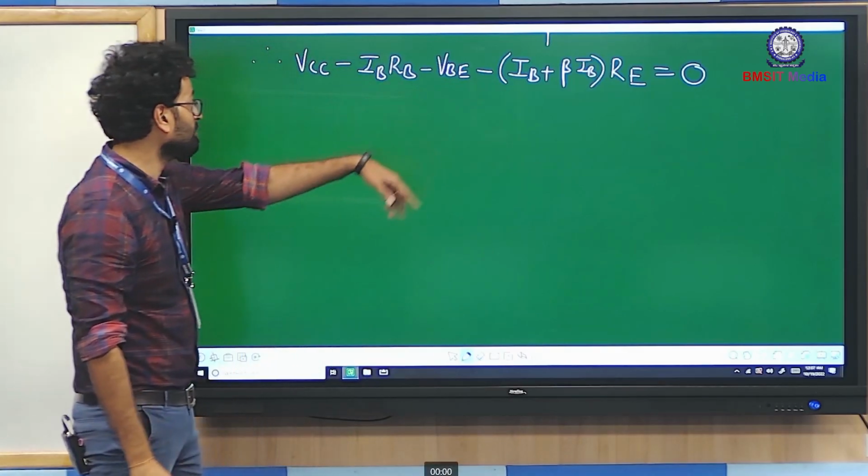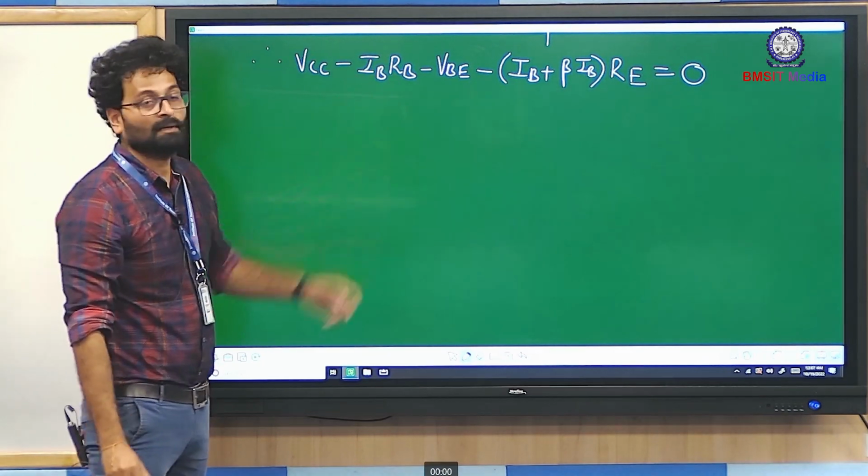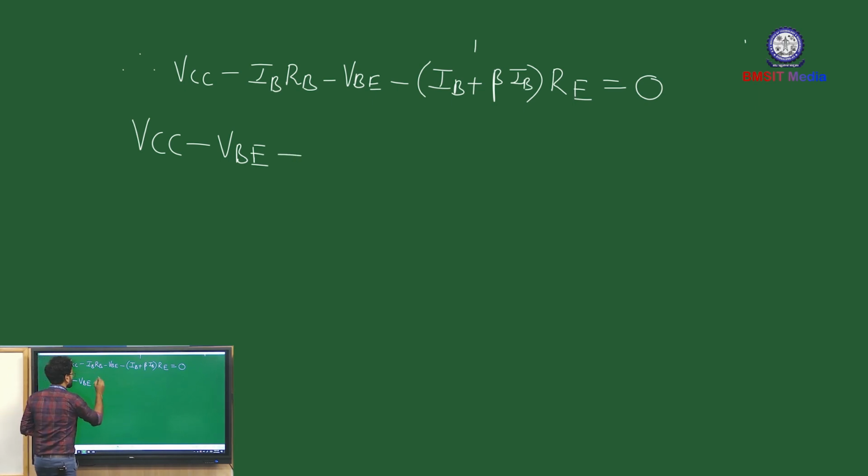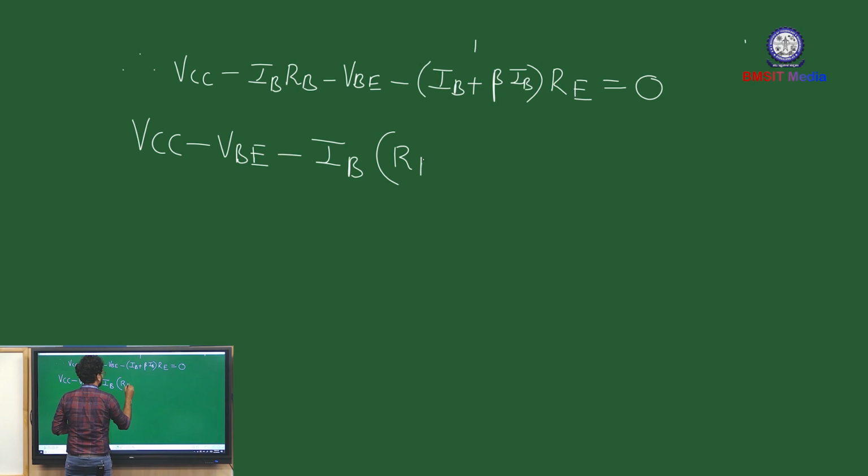Now you can open up the brackets and keep IB as the common term. So VCC minus VBE minus IB, I'll keep it out, so it is RB plus IB into RE plus beta into IB into RE.